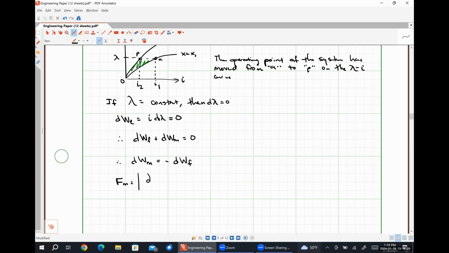And so this is going to be the change in our field energy as a function of flux linkage and position with respect to position, where our flux linkage is constant.